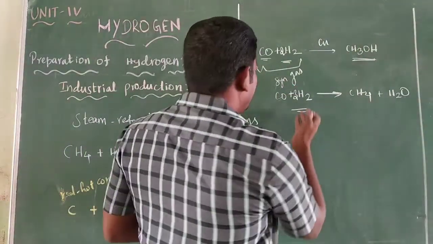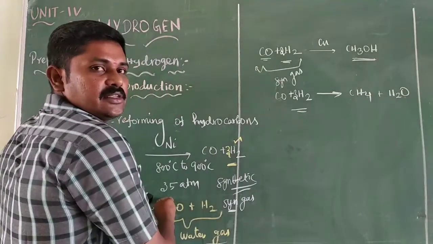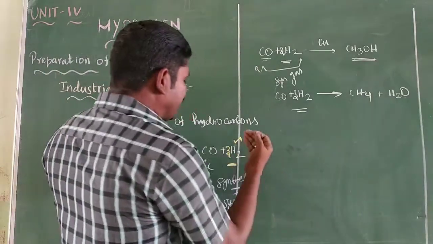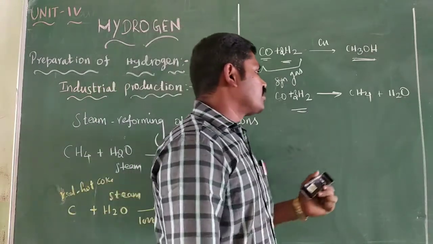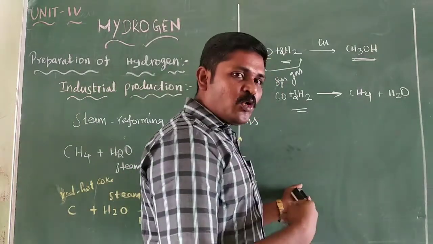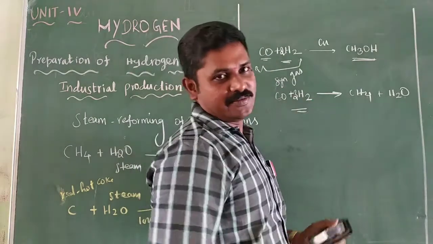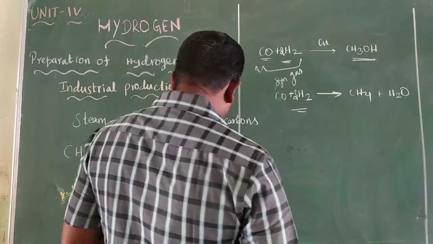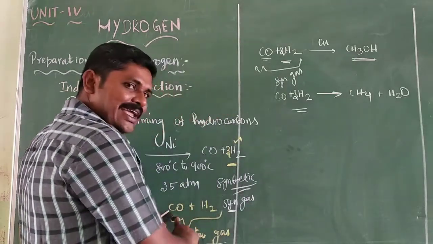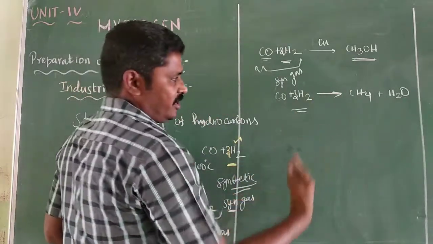Okay students, in the above two methods, we prepared a mixture of carbon monoxide and hydrogen. But we want to separate hydrogen gas, to separate carbon monoxide and hydrogen gas.